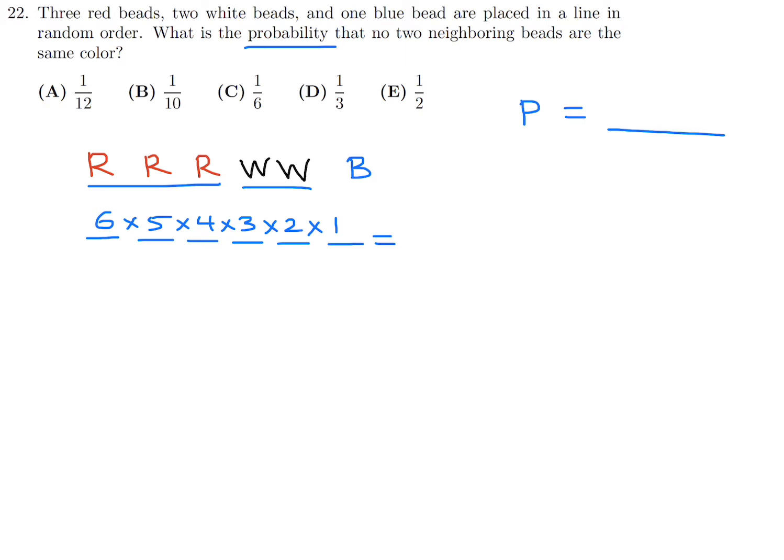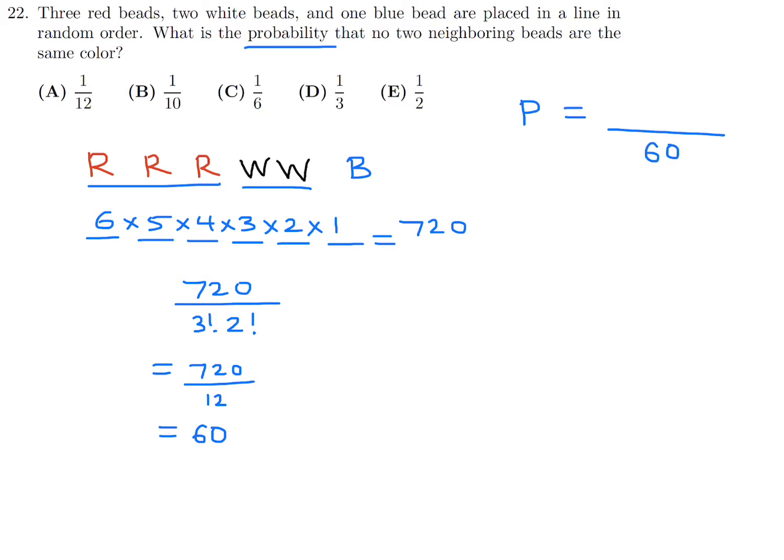So this big number is 720. But I've got to divide 720 by 3 factorial for the fact that there's 3 R's, and 2 factorial for the fact that there's 2 W's. And if I do that, this brings me down to 720 divided by 6 times 2, which is 12, and that is equal to 60.